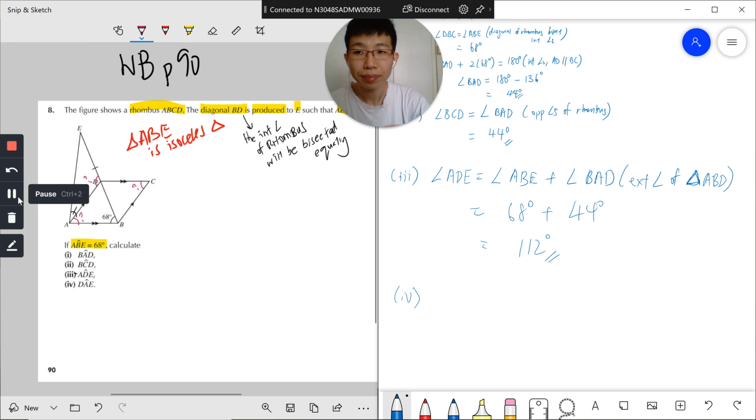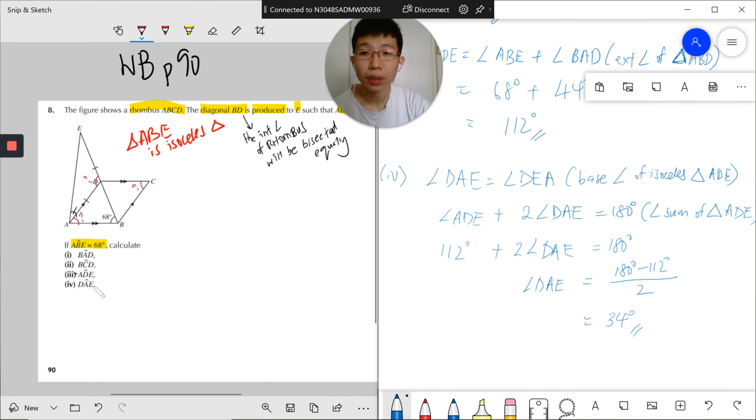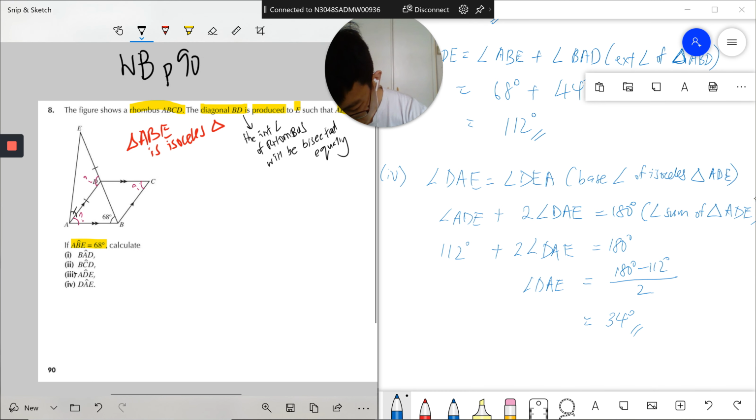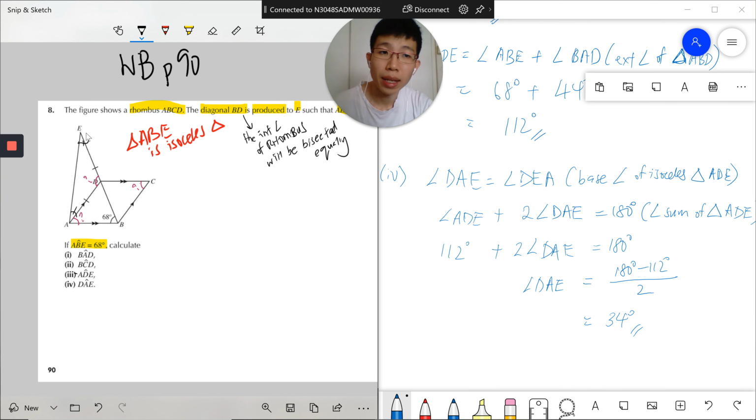Let me write it down. In part 4, we know that angle DAE is equal to angle DEA because they are base angles of an isosceles triangle. The next step is to add up all these angles to equal 180, because in a triangle, all the interior angles add up to 180.